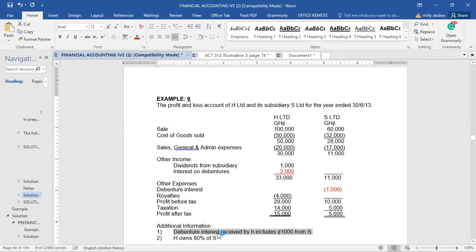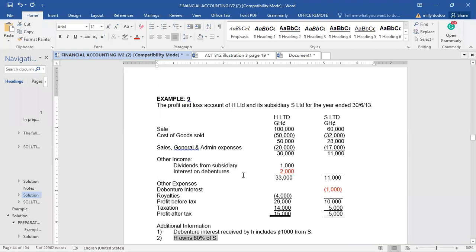Good. Now, we are being told that H owns 80% of S. This is the statement you must see before you go ahead and consolidate. You must establish the parent-subsidiary relationship.